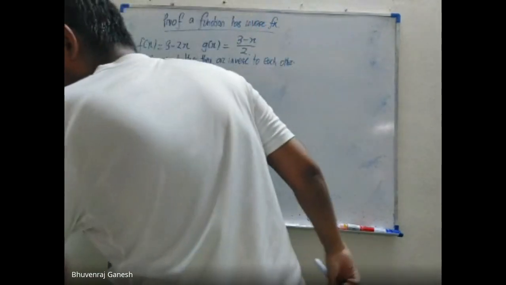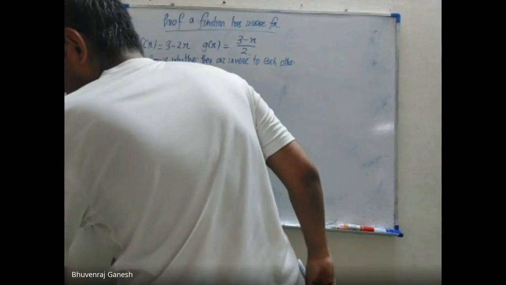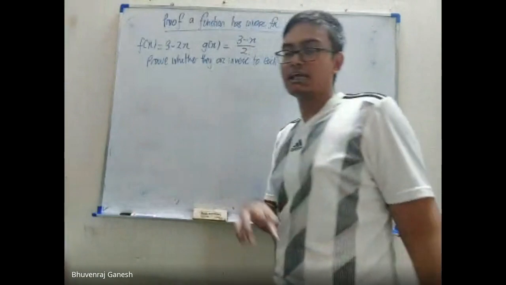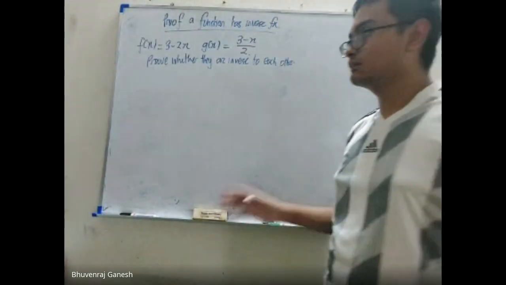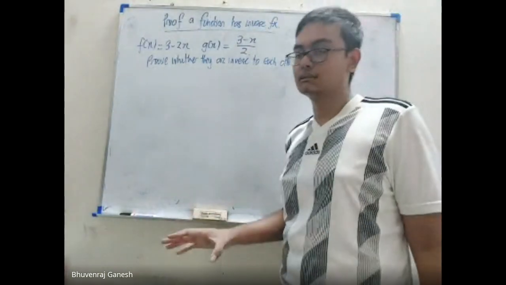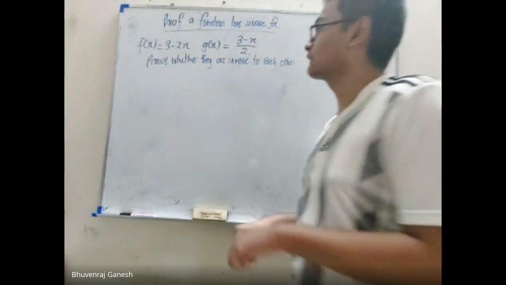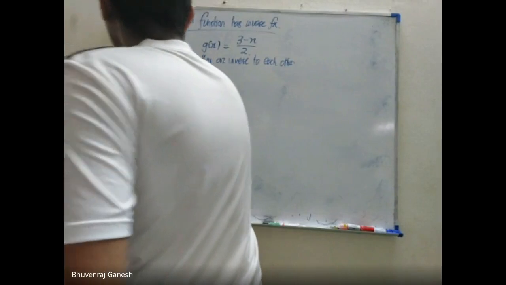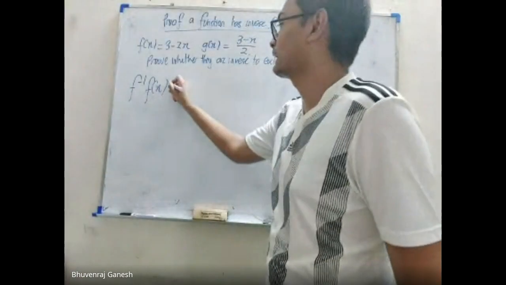Okay, so again we are going to apply back the composite function concept right over here, which is we will find fg(x) and gf(x) and see whether they get back the same answer, which is x. Because from this concept, we know that f inverse f gives you back x.